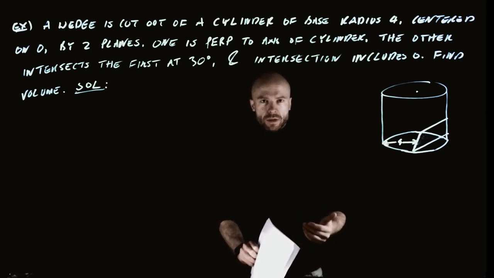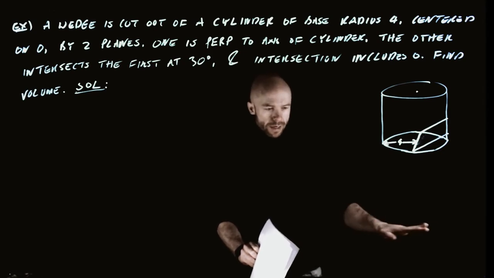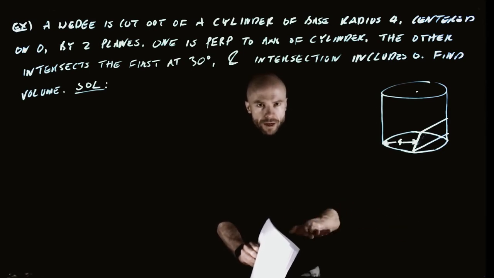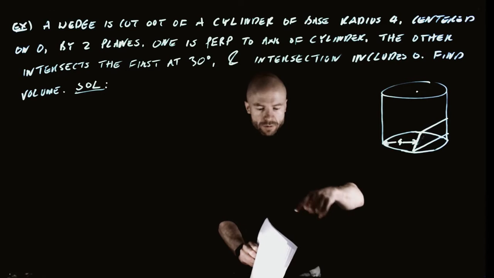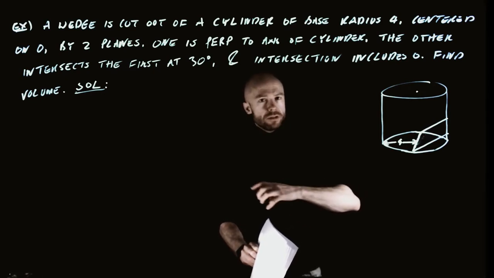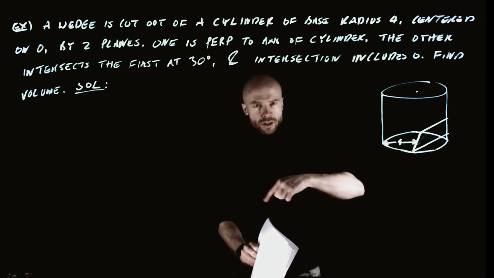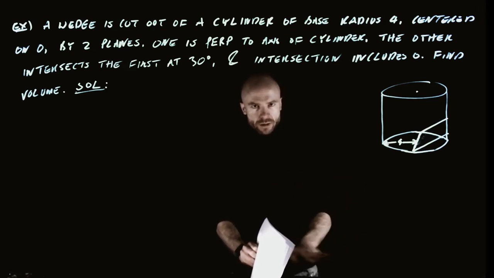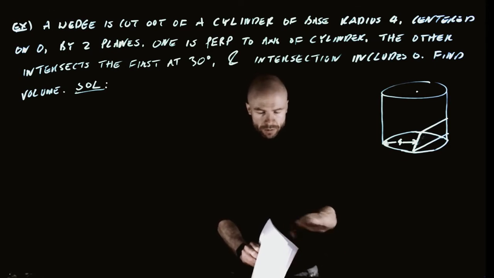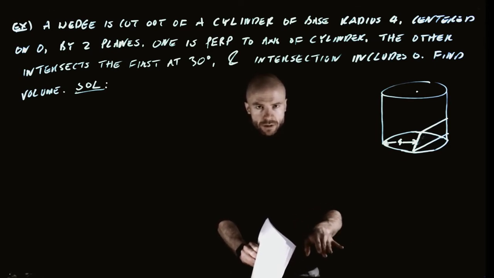Well, we have lots of options, right? If we slice it like this, what do we get? We get these kind of parts of a circle, right? Semicircular things. They're not actually semicircles because it's not half a circle, but it's going to be a straight edge and then part of a circle if we slice like this. That's not the nicest shape, right? It's not the best thing to deal with. Yeah? So let's not do that one.